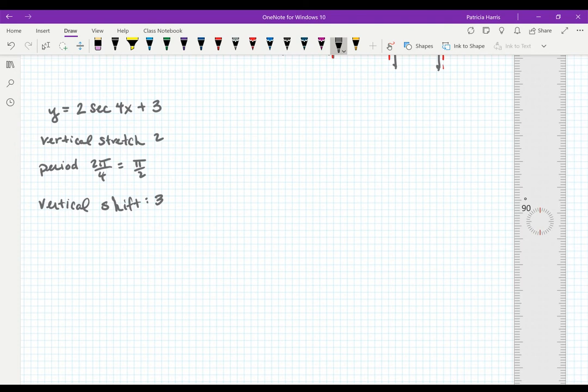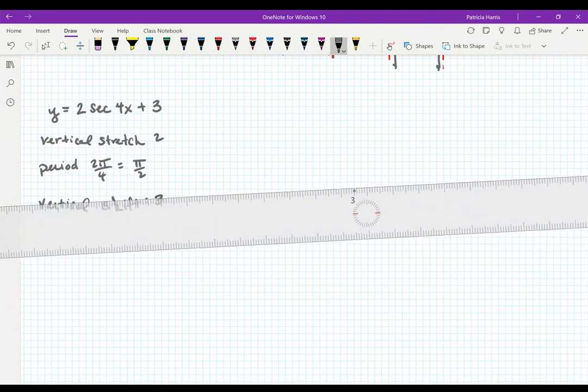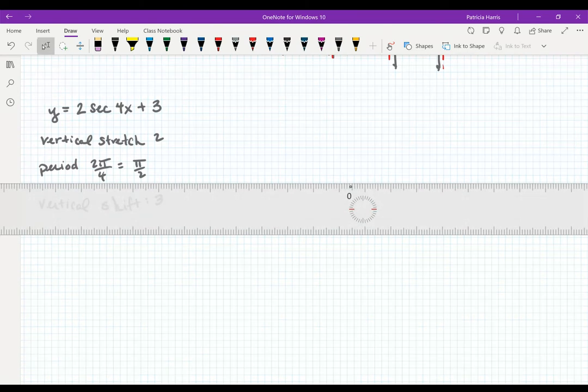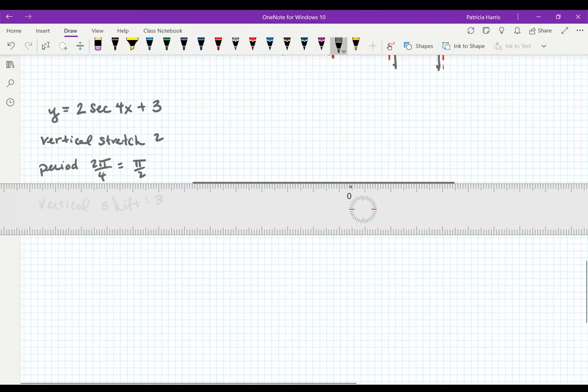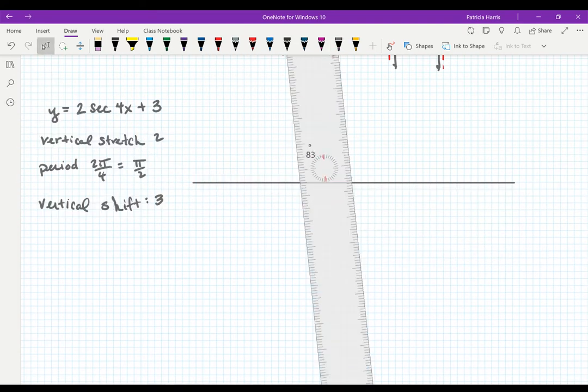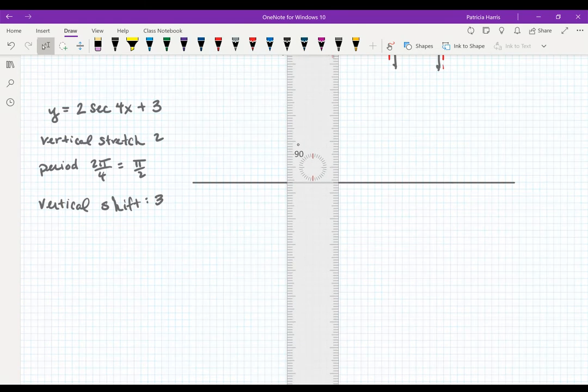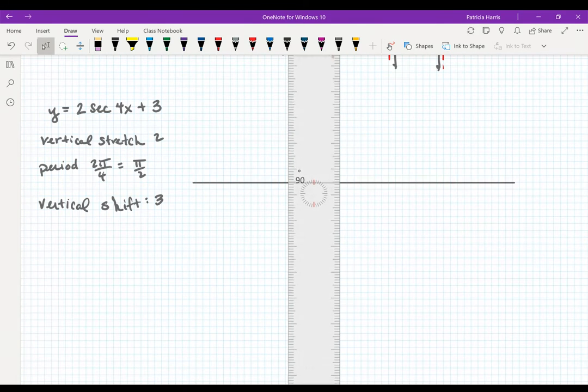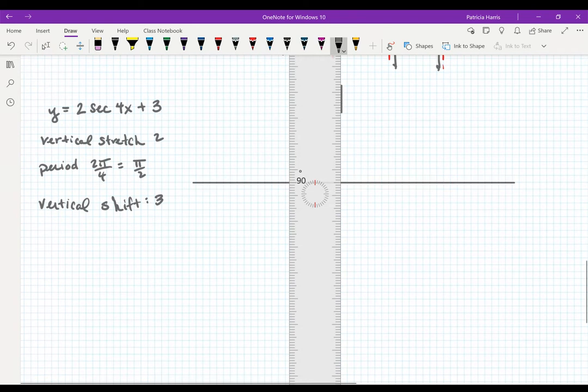Okay, here we go. Last one. And again, you can always use Desmos for this. Okay, but it is kind of good to graph by hand so you get a sense of what is going on.